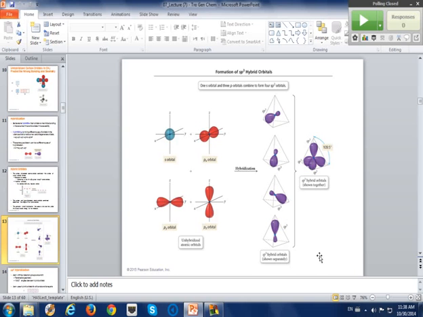In this way, the quantum mechanics accounts for the shape such that the linear combination, based on the phasing of the S relative to the 3p, results in these 4 hybrid orbitals.